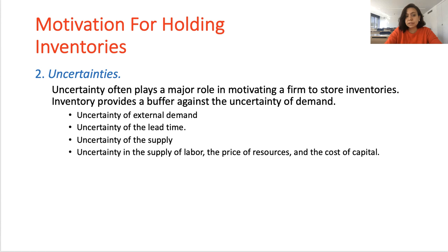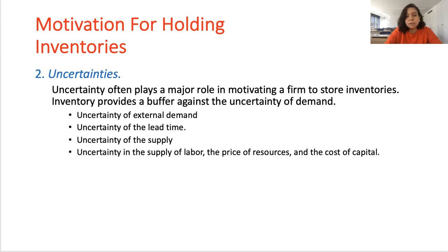Secondly, uncertainties. Uncertainty often plays an important role in motivating a company to store inventories. There are different uncertainties. Maybe the most important one is the uncertainty of external demand. For example, think about a retailer. A retailer stocks different items so that it can be responsive to customer preferences.